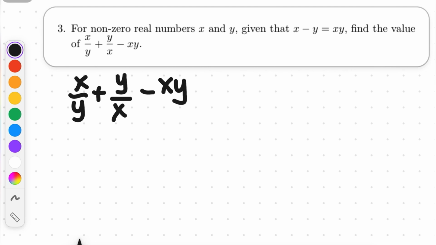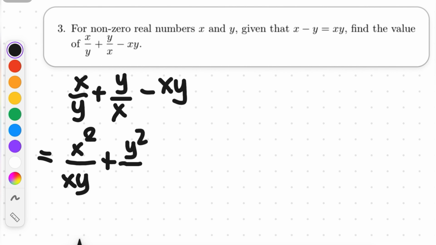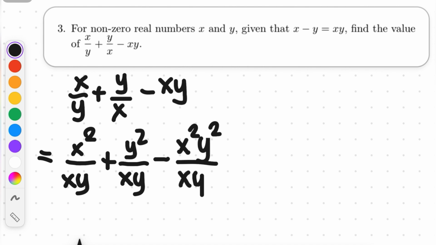Since the denominators that we have right now are y and x, the least common denominator will be x times y. So that gives us x squared over xy plus y squared over xy minus x squared y squared over xy.